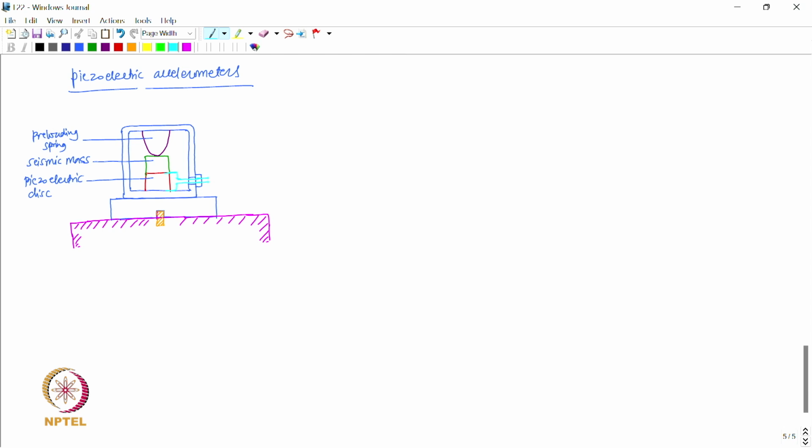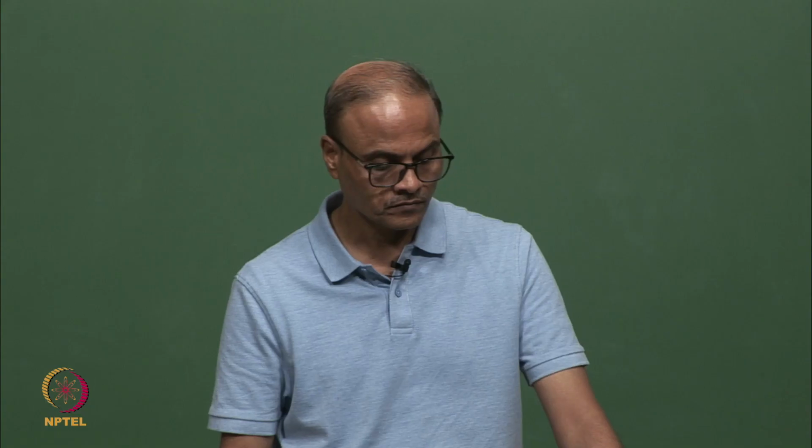Right, so here we get the output. Okay, so this is the basic arrangement of a piezoelectric accelerometer.